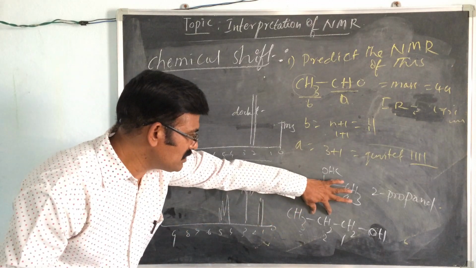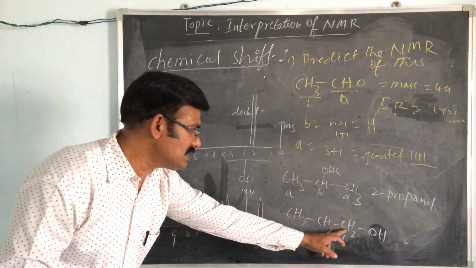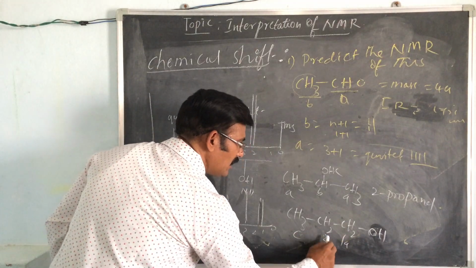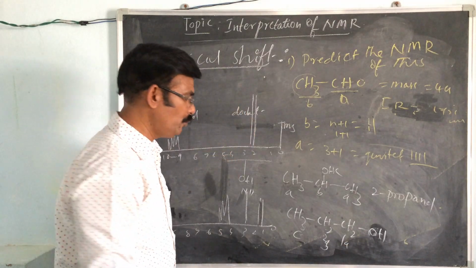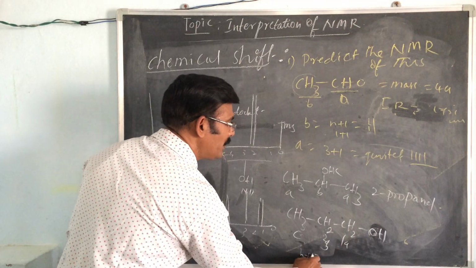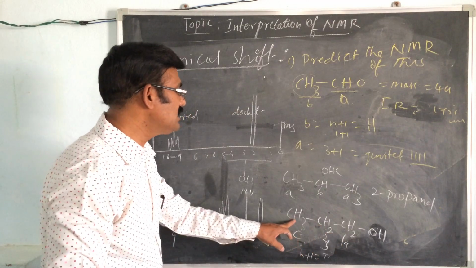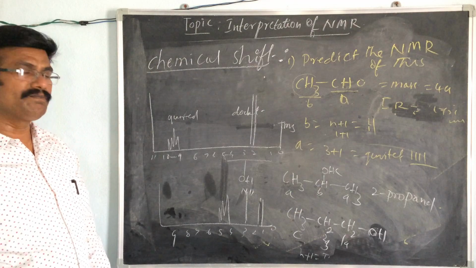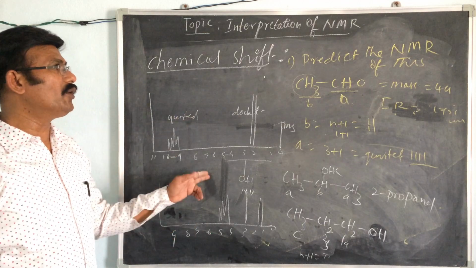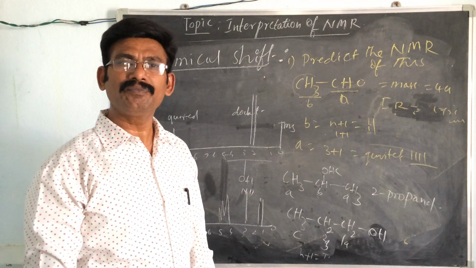So this one is a multiplet, because of the 2 plus 3, 5 plus 1 neighbors, and this one is a triplet. Here A, B, C: 2 plus 1, n plus 1, where the neighboring protons are 2, so 2 plus 1 is a triplet. So A is a triplet and B is a multiplet, and this is also a triplet. That means 2 triplets, 1 singlet and 1 multiplet. According to that, we have to identify all organic compounds, any organic compounds. Okay? Thank you very much.